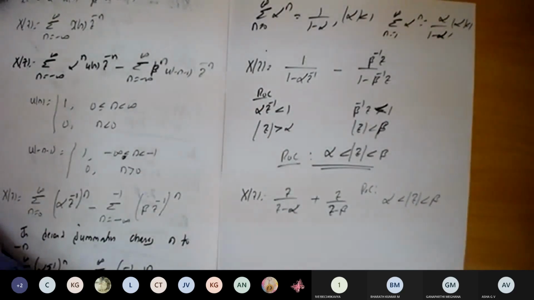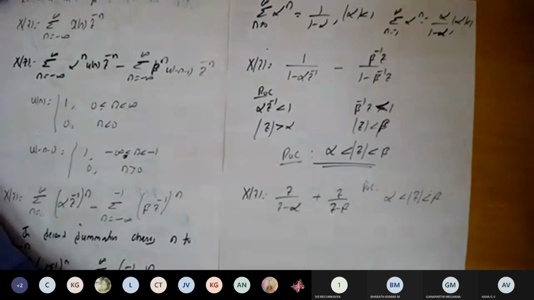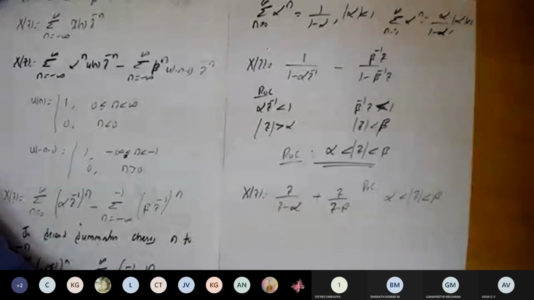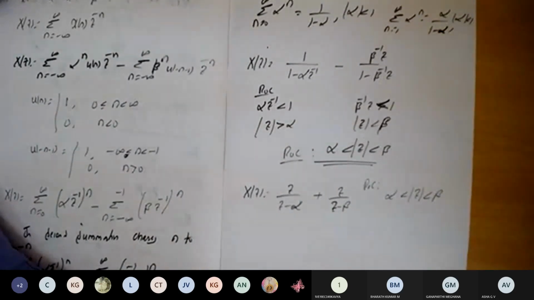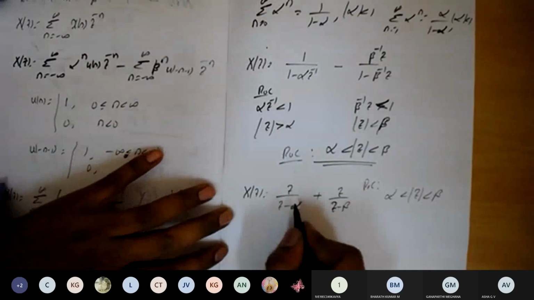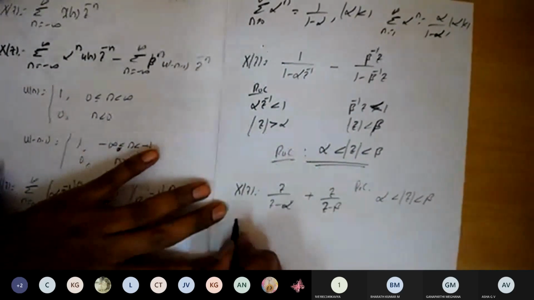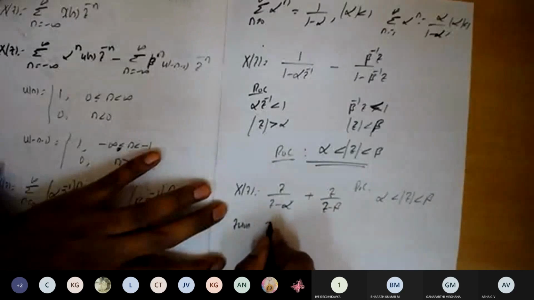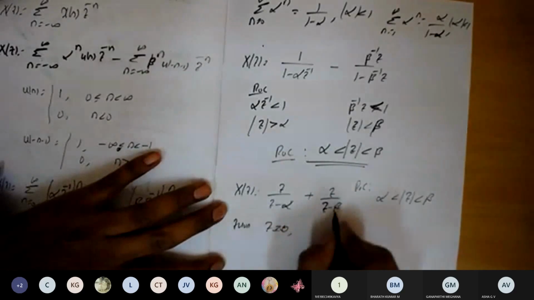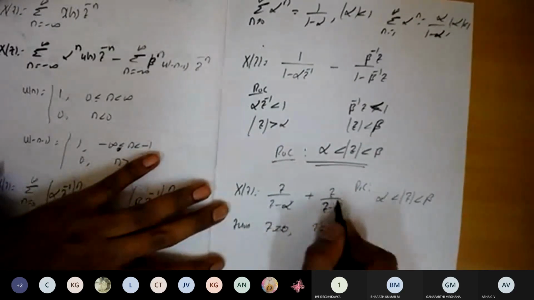Now let us find out the location of poles and zeros for both the terms. For the first one, the location of zeros is Z is equal to 0, and even for the second one it is also Z is equal to 0.